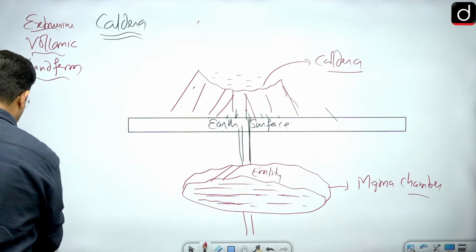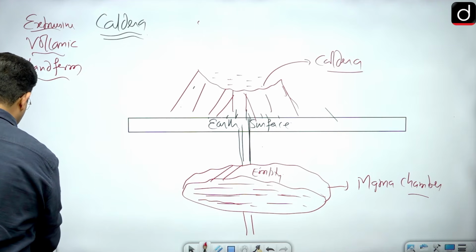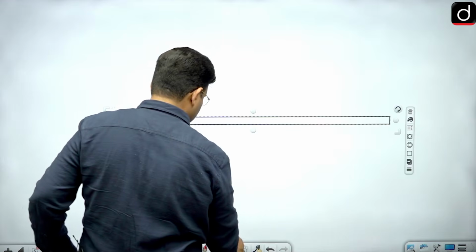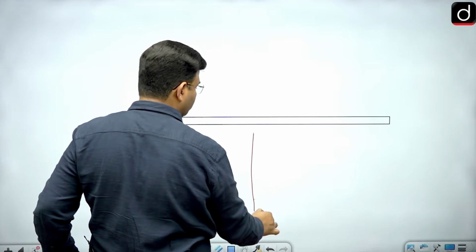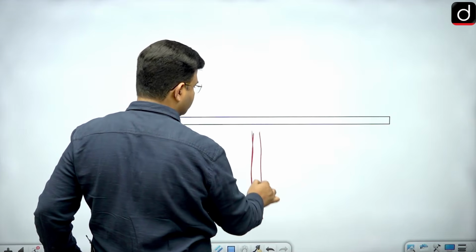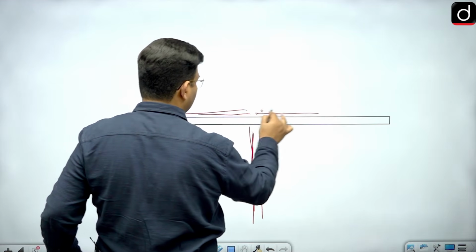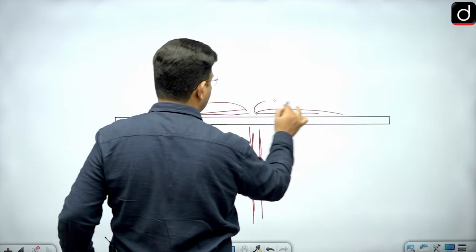Also, sometimes on the earth's plate there is a formation when the magma is coming up from below. Like I said, hotspot magma, when it comes on the earth's surface, there is a formation of lava, like the Deccan lava plateau.